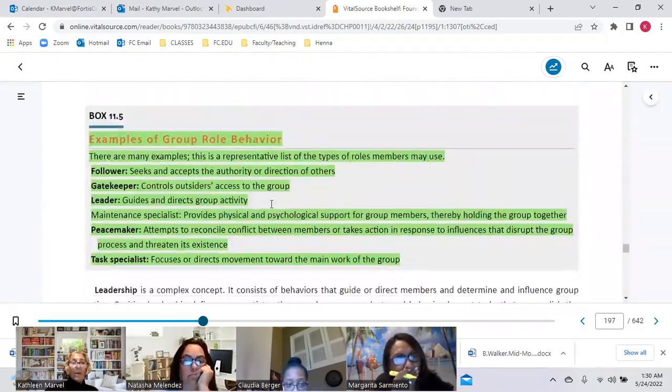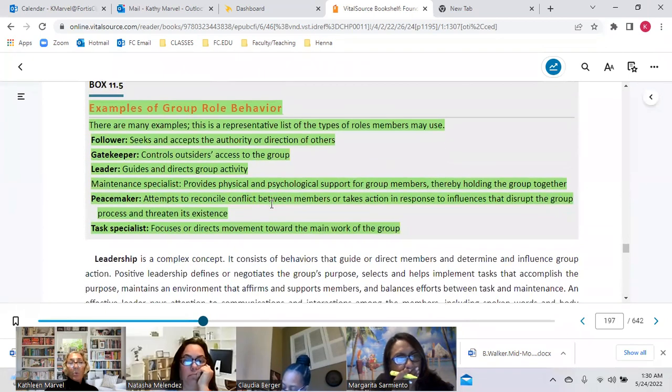The one thing I want to mention about group role behavior: you've all just completed a second group project, or are almost done. There are lots of group dynamics when we're doing group role behavior.